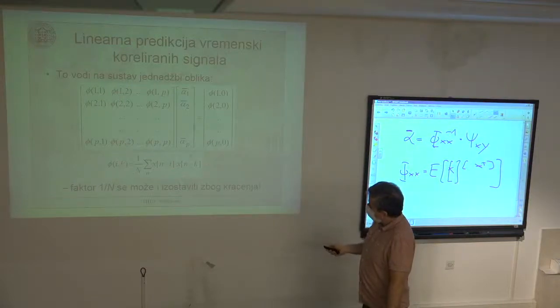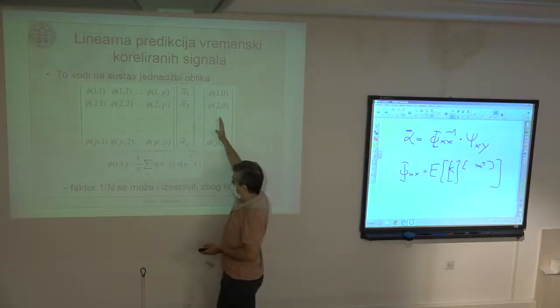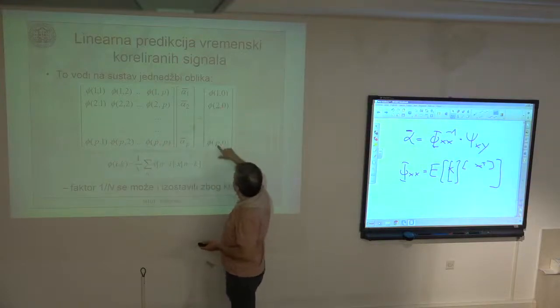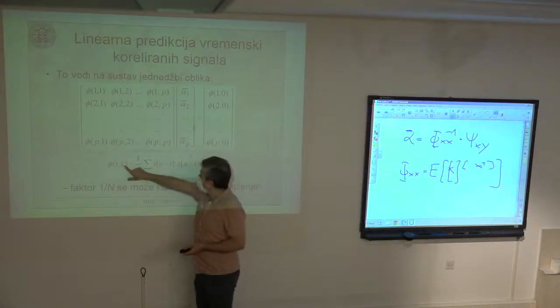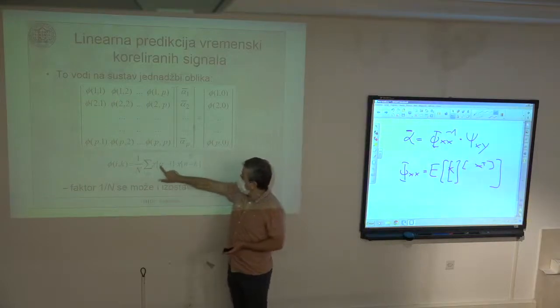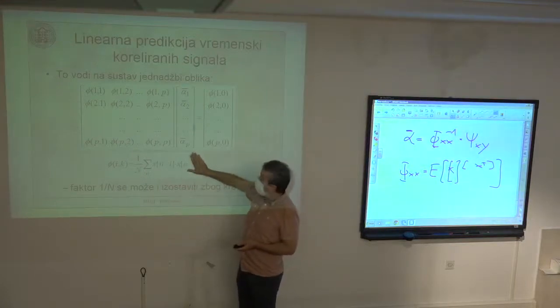This equation is also valid for the case of psi xy, because in this case we have i equal to 1, 2 up to p, while k is equal to 0, because I have the correlation between x(n minus 1) and x(n), x(n minus 2) and x(n). So always k is 0.